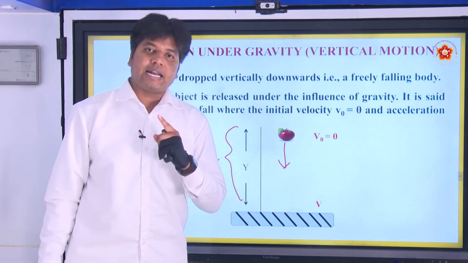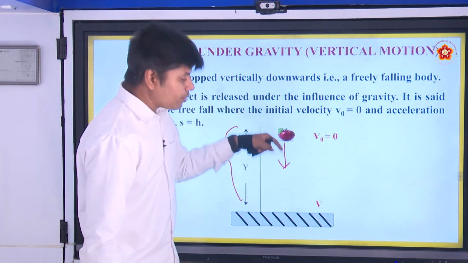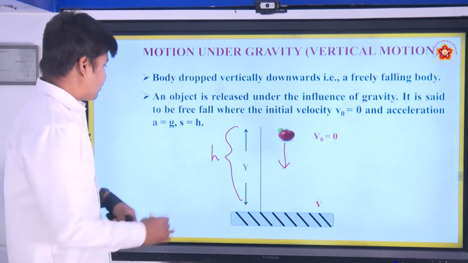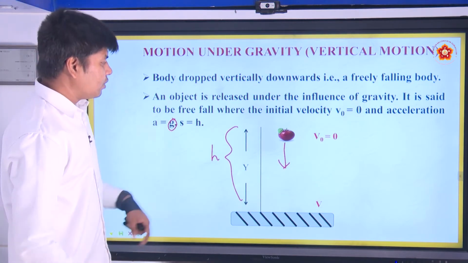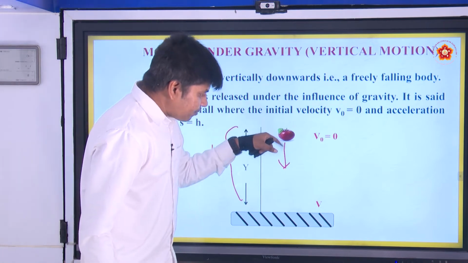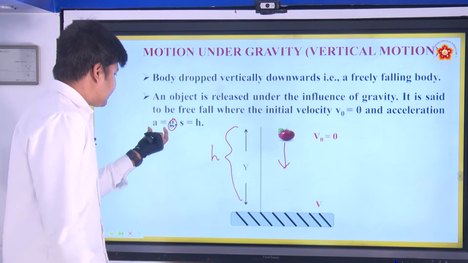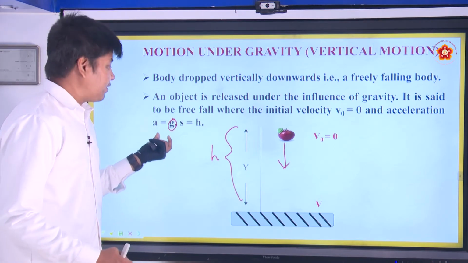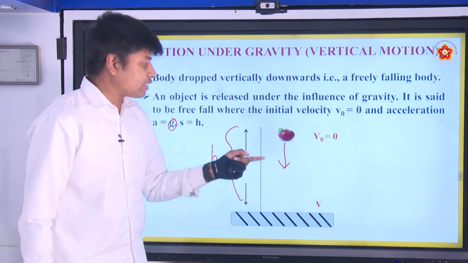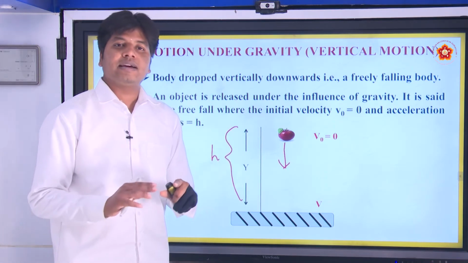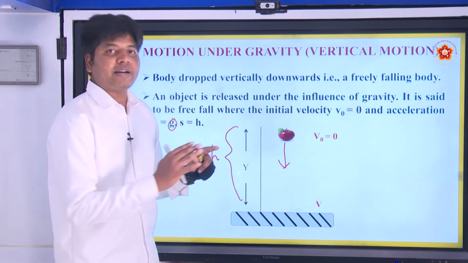We will derive the value of g in the chapter on gravitation. So the acceleration due to gravity, instead of a, we will denote as g. As the body is falling down, it is being acted on by the gravitational force, and it is being pulled down with an acceleration of g. So these are the conditions which we need to put in our kinematic equations.